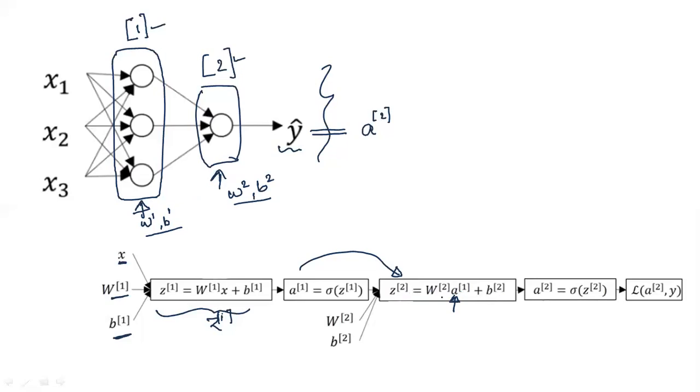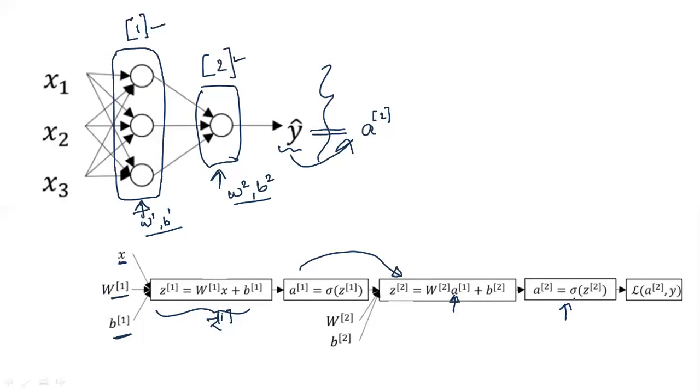Okay, and this Z2 would again be applied to the sigmoid function here, and this would give us the final output, that is A2. So A2 is basically the predicted outcome, and that is what is written over here. This predicted outcome y hat is basically the A2 that we are finding in this computation graph.